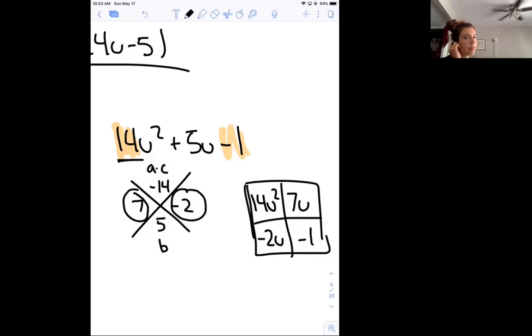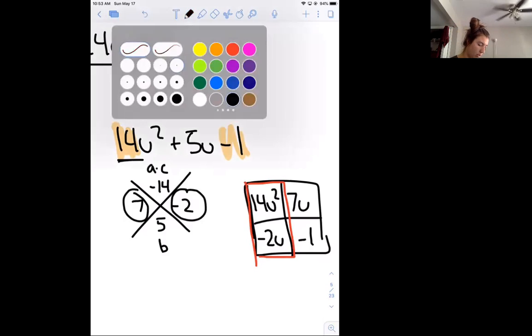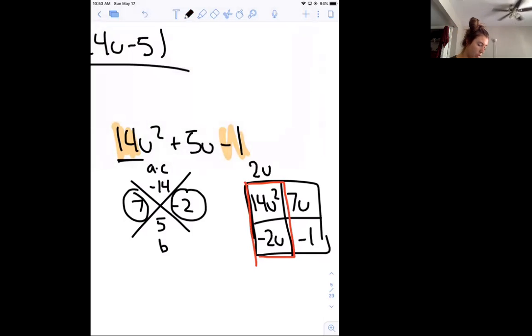Okay, and now what I do to find the actual factored form is I'm going to take the greatest common factor from each column. So for example, I have 14u squared and negative 2u squared. What do they both have in common? 2u. Then 14u squared and 7u both have a 7u in common.